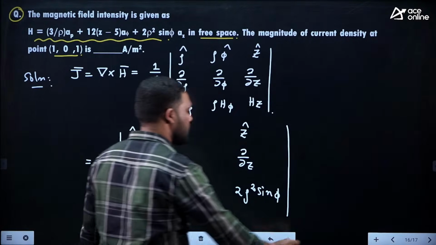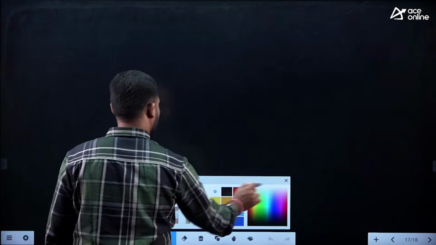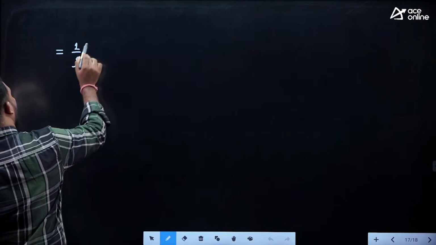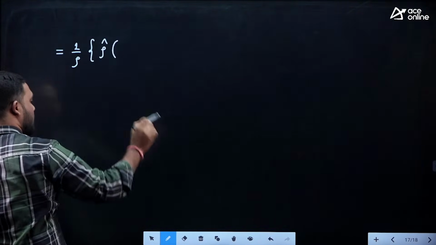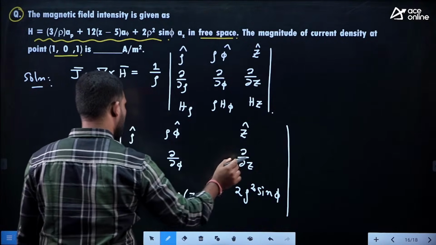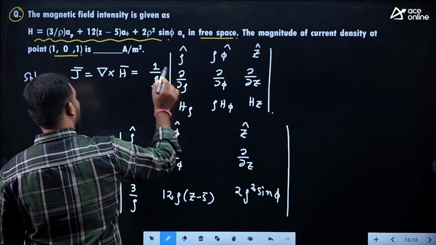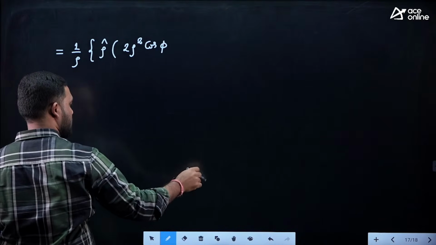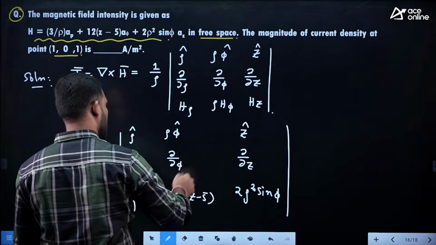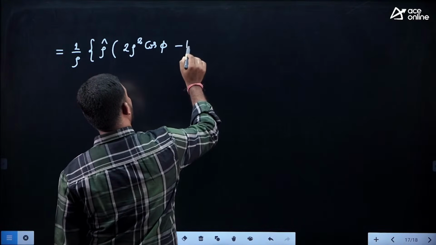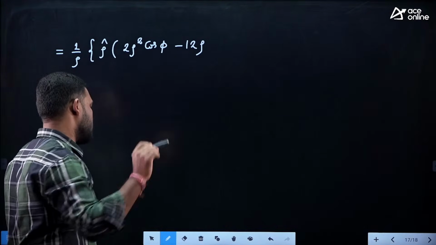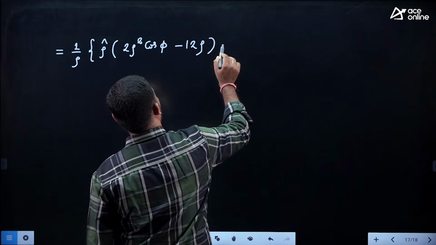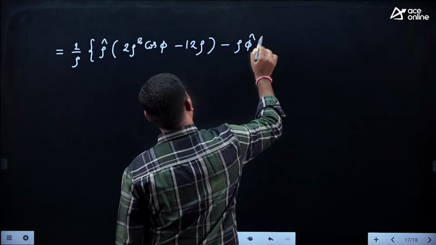Fine. So let me turn the page here. So this one is 1 by rho into rho cap into this minus this into this. So it is 2 rho square cos phi. This into this is minus 12 rho. Am I correct, guys? Yes. Minus 12 rho. Minus rho into phi cap.